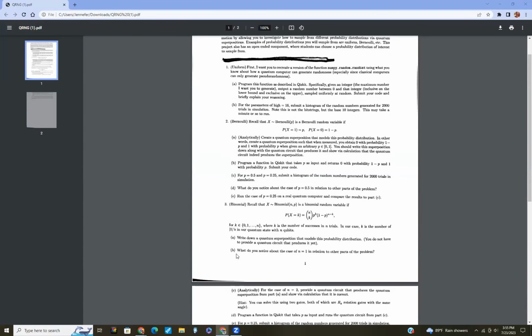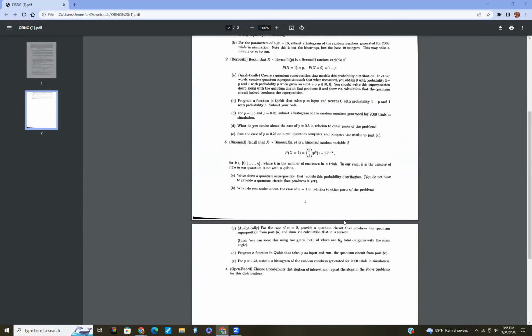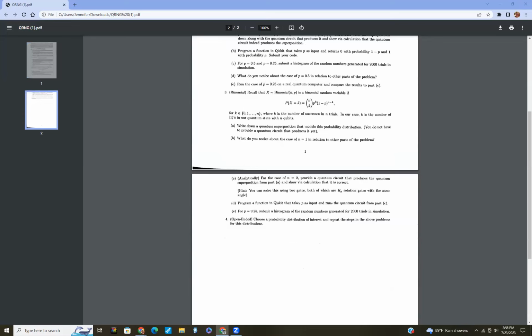So I want to try and write down a potential quantum superposition that would model the probability distribution. So Benford, I'm trying to figure out which one would be best applicable, not only one that I can write a quantum superposition of, but also something that I can program using simple quantum circuits.